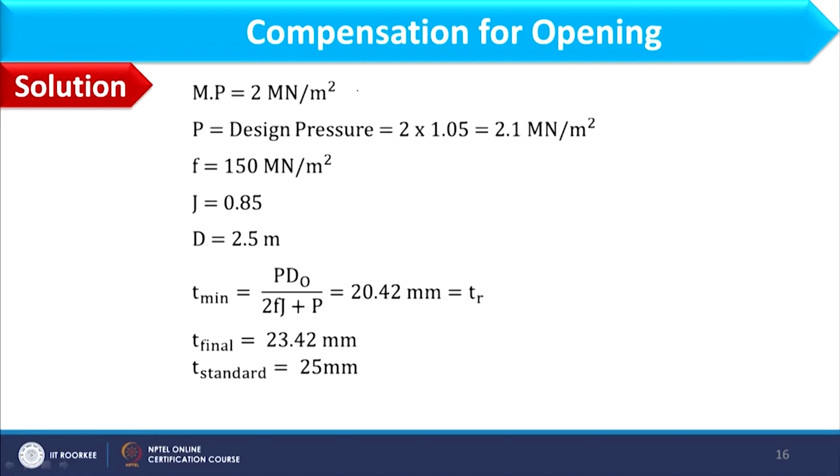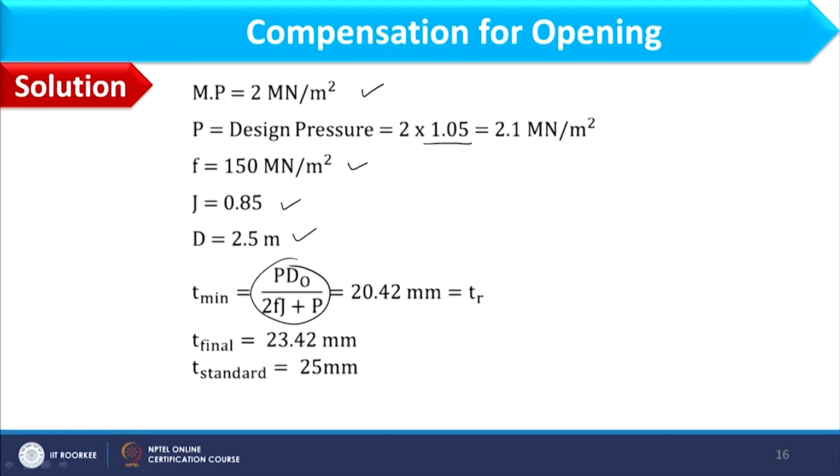Now, in this problem, the maximum working pressure is given as 2 meganewton per meter square. Design pressure we are considering 5% extra than this. So, 2.1 meganewton per meter square is the design pressure. Allowable stress 150, joint efficiency factor 0.85 is given for double welded butt joint with full penetration, diameter 2.5 is given.